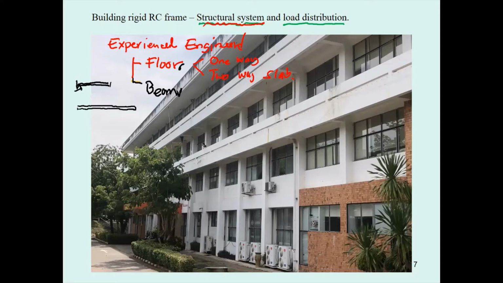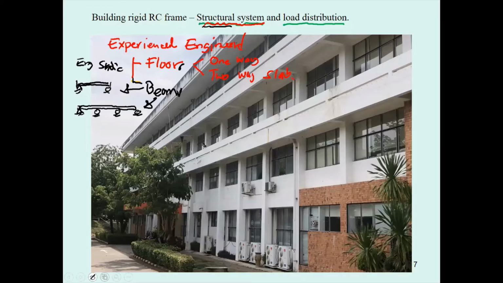It depends on how the structural system connects to each other. If it is a principal beam, you may use only engineering statics to solve it. But if the beam is like this, it's going to be a statically indeterminate beam.